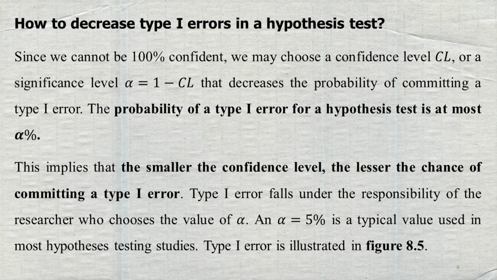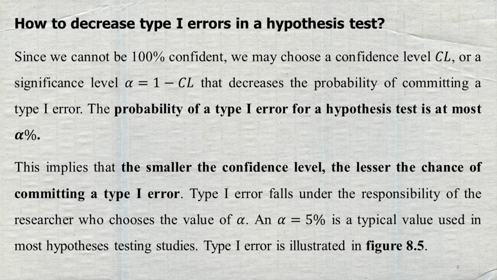How to decrease Type 1 errors in a hypothesis test. Since we cannot be 100% confident, we may choose a confidence level, CL, or a significance level, alpha, equals 1 minus CL, that decreases the probability of committing a Type 1 error. The probability of a Type 1 error for a hypothesis test is at most alpha%.